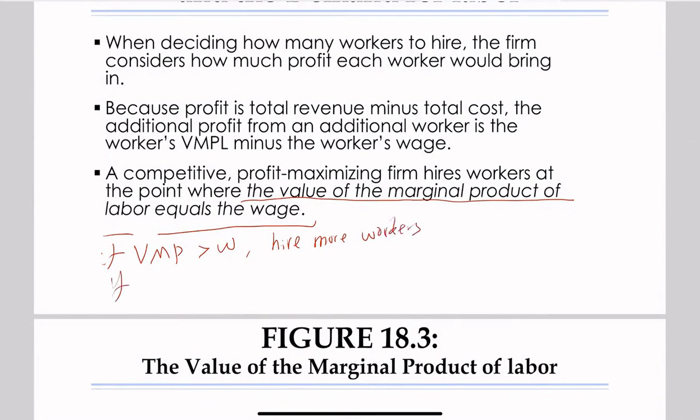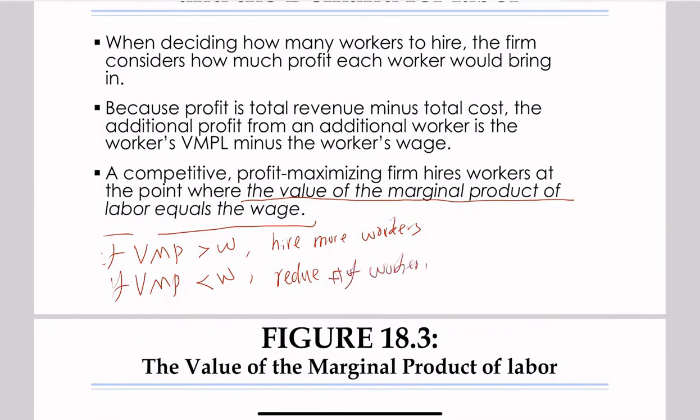Now, if value of marginal product is smaller than wage, this means that the additional revenue you can get from one additional worker is actually smaller than the additional cost you have to pay if you hire one additional worker. So in this case, you have to reduce the number of workers, right?